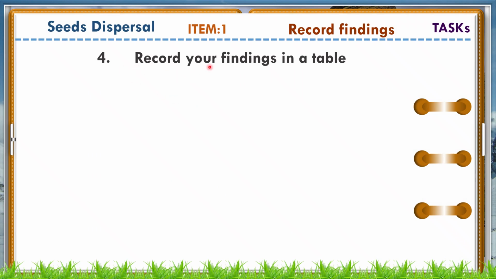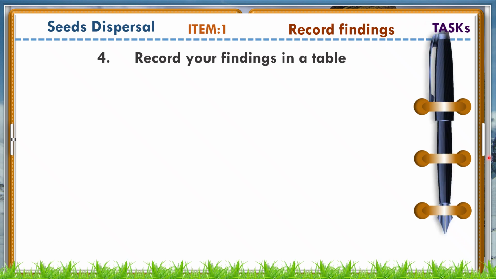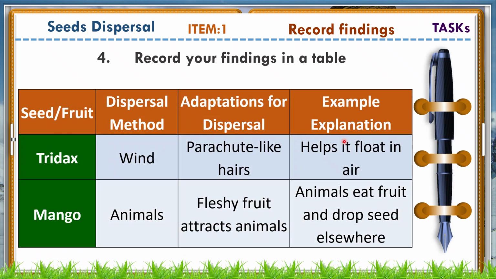Record your findings in a table. So our findings have been put in the table. We have seeds and fruits, dispersal methods, adaptation for dispersal, and example explanation.